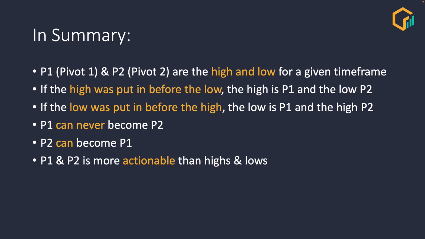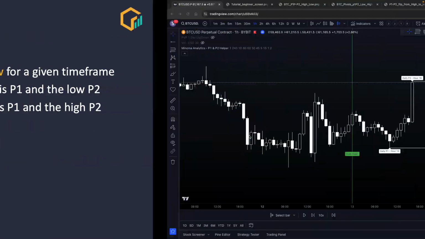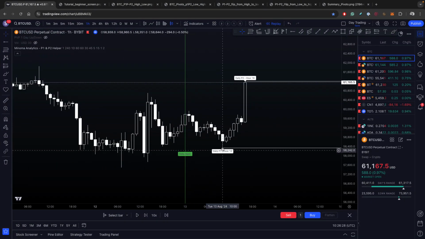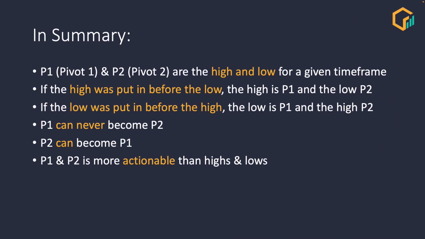The reason we are using P1 and P2 instead of just the daily high and the daily low is because the concept of P1 and P2 is more actionable, right? So you could also just say, well, why are we not just using the daily high and the daily low and use statistics on that? Well, the reason, as you will see, is that P1 and P2 is more actionable, and therefore this is what we use.